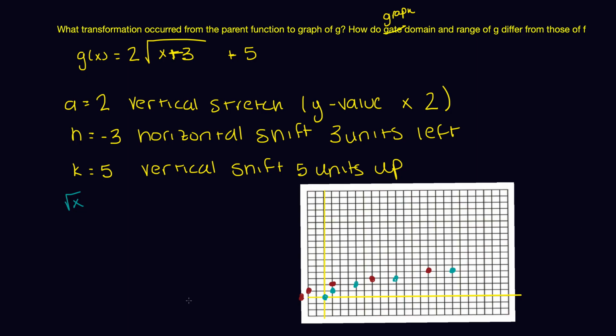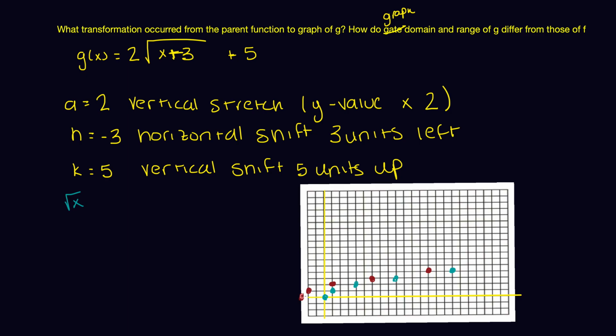All right, the next thing I'm going to do is multiply each of these. I usually do the stretch or compression and then the shift. So I'm going to multiply each of my output values by 2.